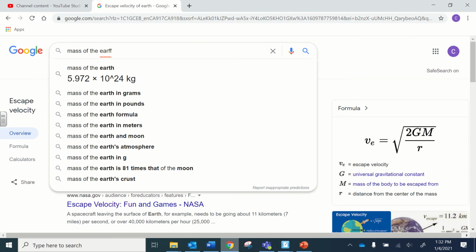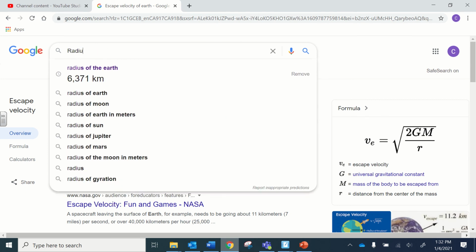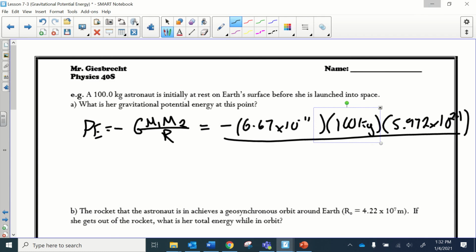Divided by the radius of the Earth, 6.371 times 10 to the 6. I throw that in my handy dandy calculator: 6.67 times 10 to the negative 11 times 100 times 5.97 times 10 to the 24 divided by 6.371 times 10 to the 6.